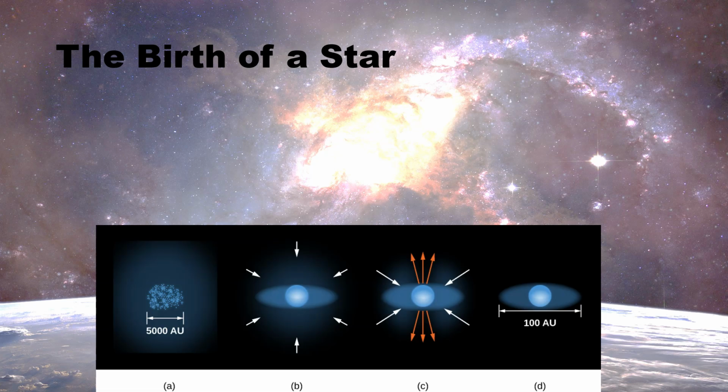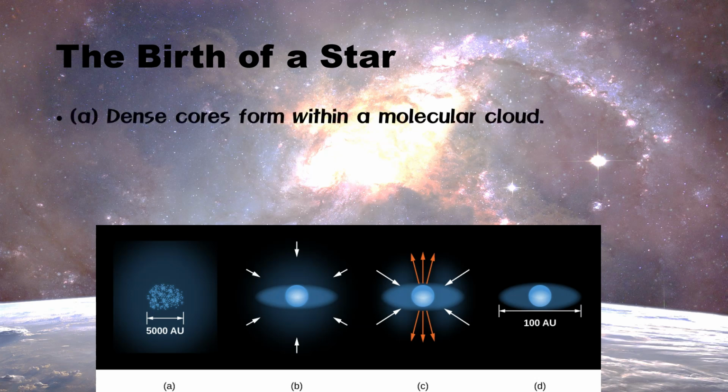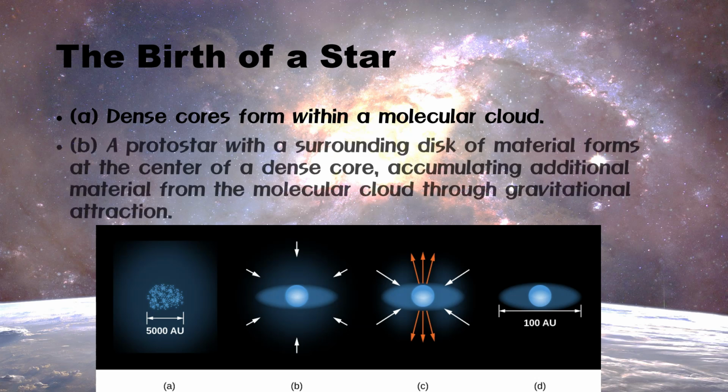And so here we have a nice visual representation of how that birth of a star actually occurs. First, of course, we have dense cores forming within a molecular cloud. A protostar, then, with a surrounding disk of material, forms at the center of the dense cloud, starting to accumulate additional material from within the molecular cloud through things such as gravitational attraction.